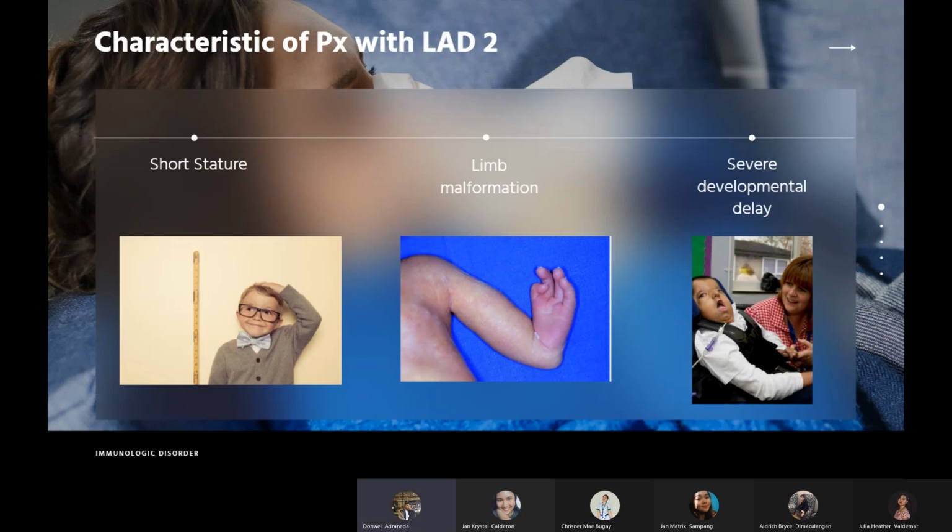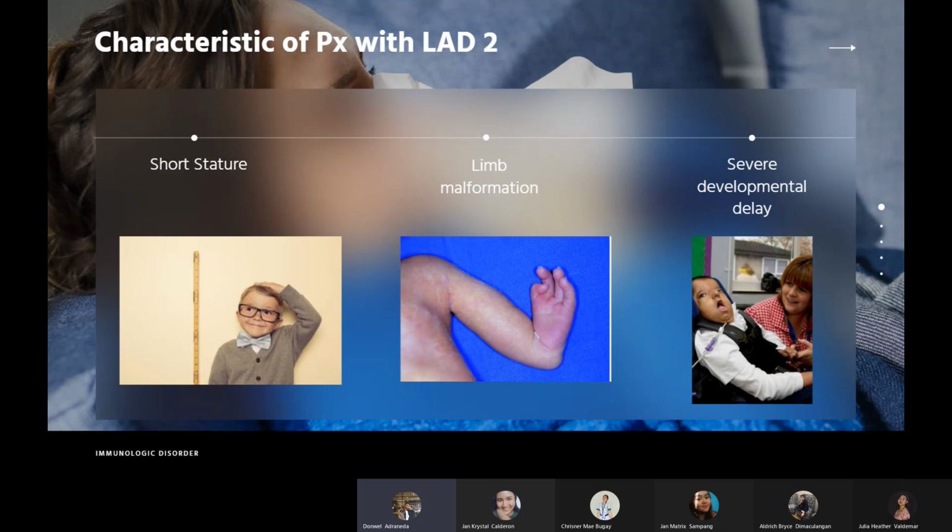So, on the other hand, these are the characteristics of patients with LAD type 2. So, first here is short stature. Ano nga bang short stature? It is simply does not grow as tall as other people of the same gender and age. So, may kaklasify rin natin ito na ang isang patient or isang person na yung height niya here is below the third percentile.